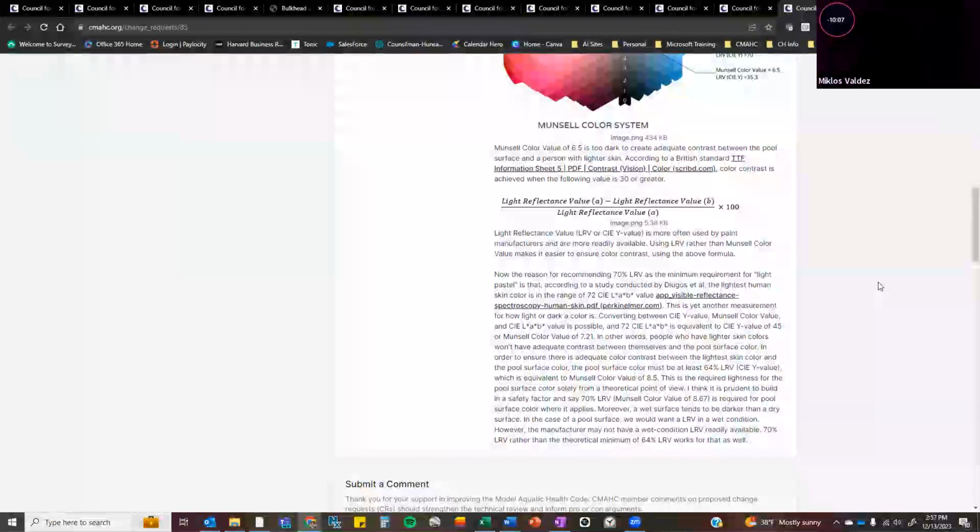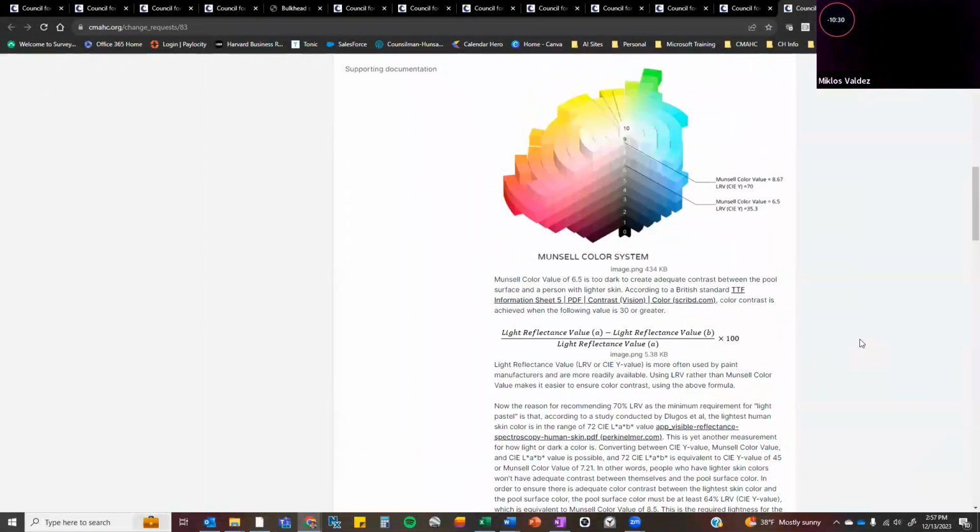Yeah, I see there is a lightest human skin color of 72%, based off of a... this would be a big change.